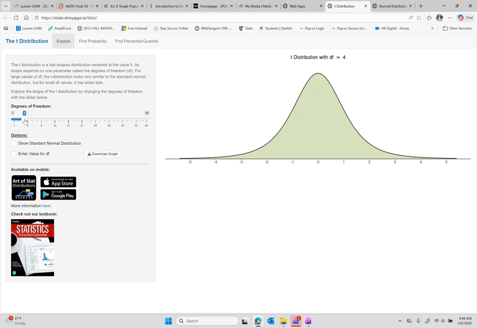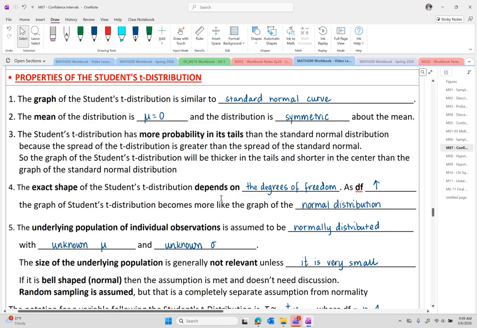But as you change the n, the distribution changes. As I slide the slider, my distribution changes. And that says that for every different degrees of freedom, different n, I will also have a different t distribution.